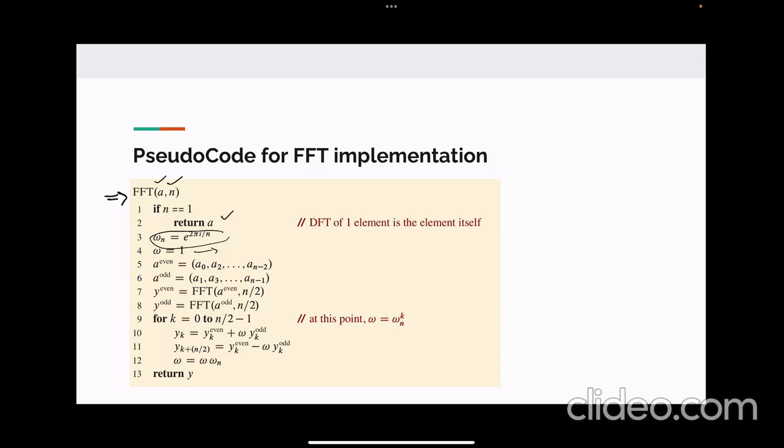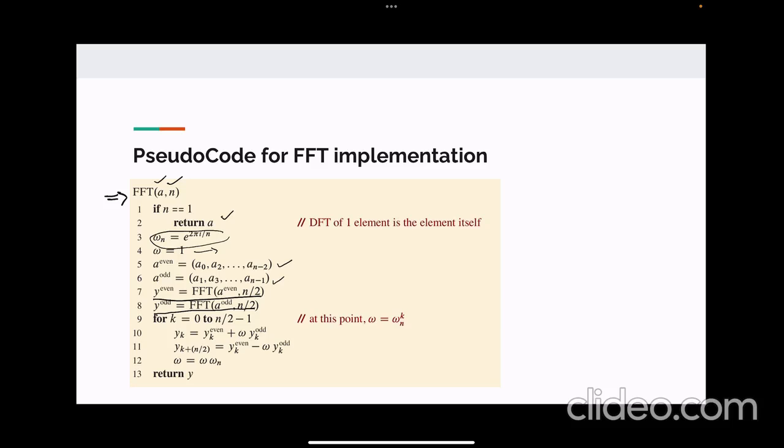So first, let's give A even, which is just the even coefficients, and A odd is just the odd coefficients, and now we'll call y even as a fast Fourier transform. We'll call the same function recursively on A even and n by 2, and the same for A odd and n by 2. So now let's assume we got y even and y odd.